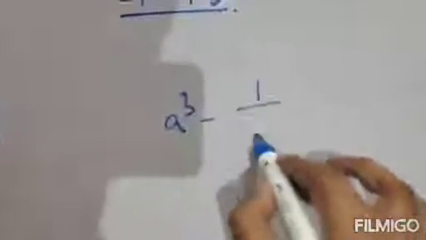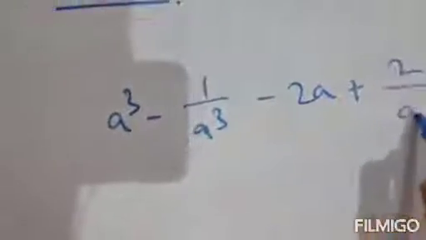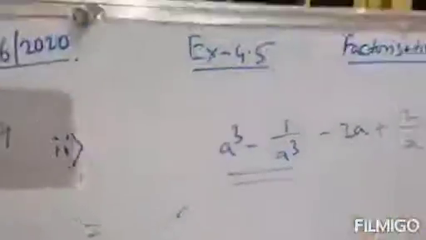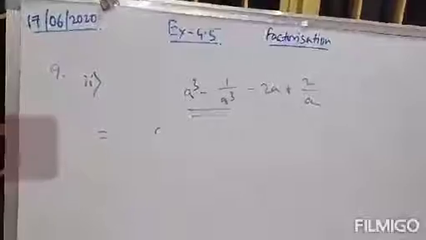Question number 9.2 says a to the power 3 minus 1 by a to the power 3 minus 2a plus 2 by a. Clear? Now this is the formula a cube minus b cube, where a is a and b is 1 by a.